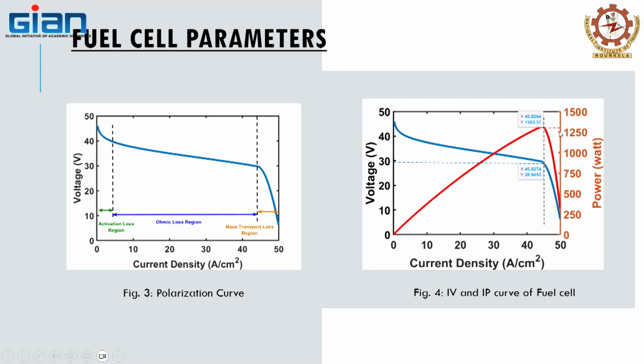Here we can see the maximum power occurred at around 45.02 ampere. We can trace the value from the graph, and at the same current value we are getting a voltage of around 28.94 volt. This is happening at 13 liters per minute of hydrogen flow.